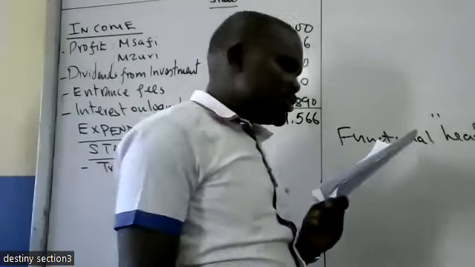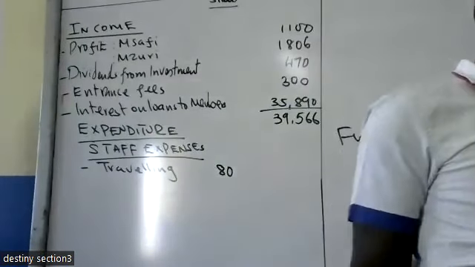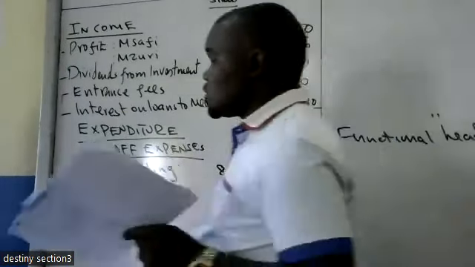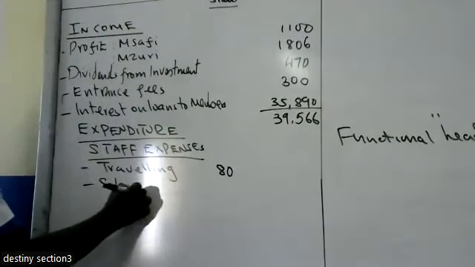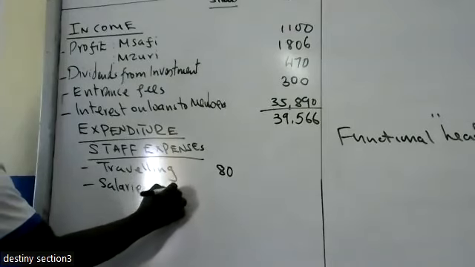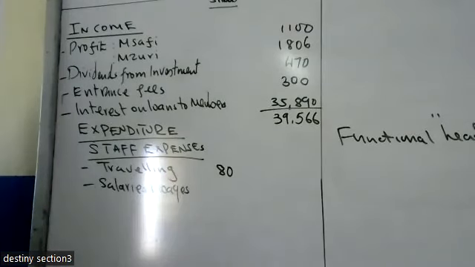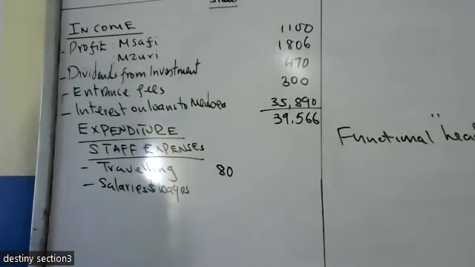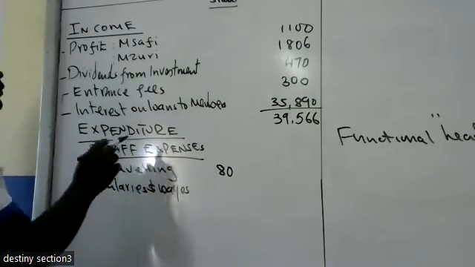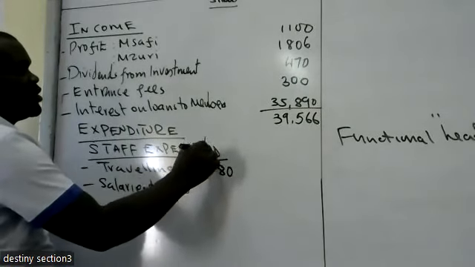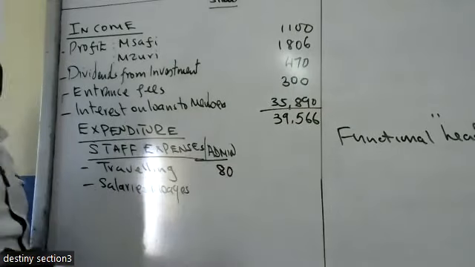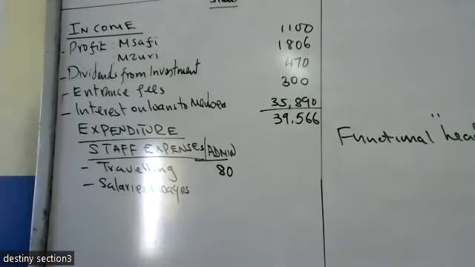So downwards, we have committee, no. Bank, no. Salaries and wages. Actually, sorry for this. The staff expenses, you can say staff expenses, stock, administrative. Those ones can go hand in hand.